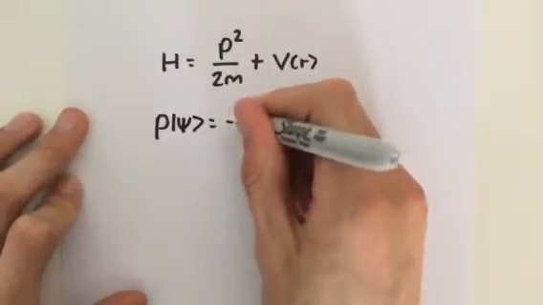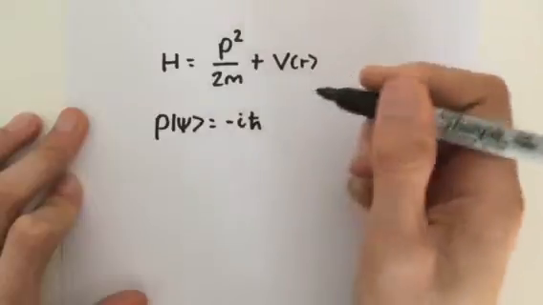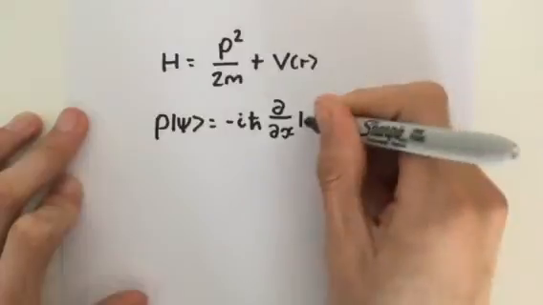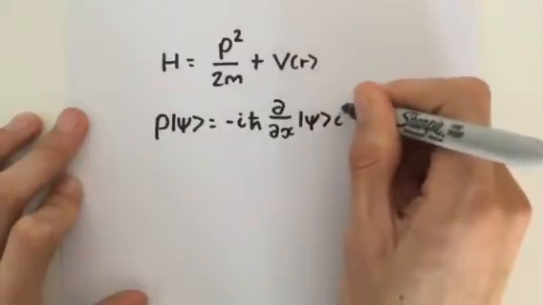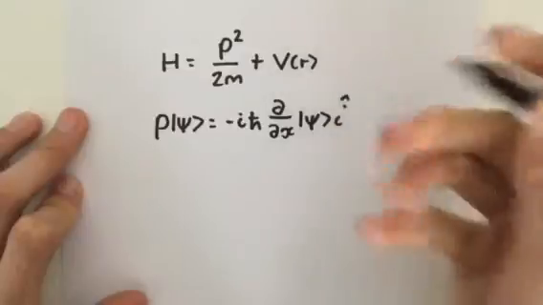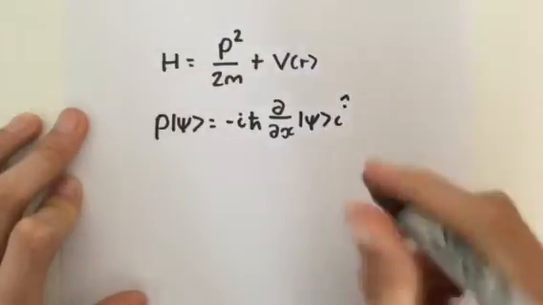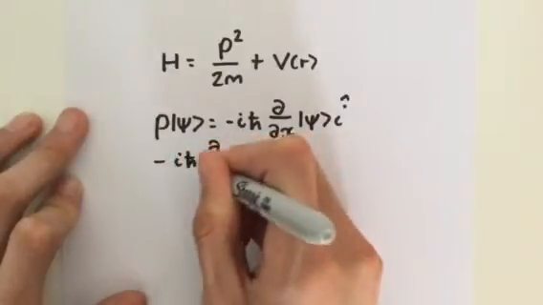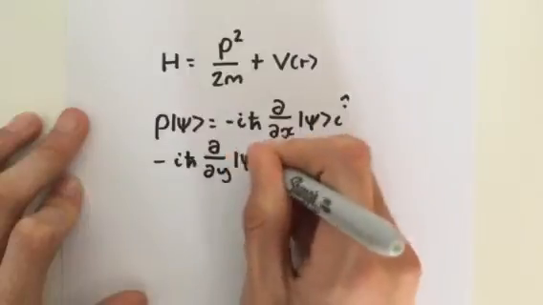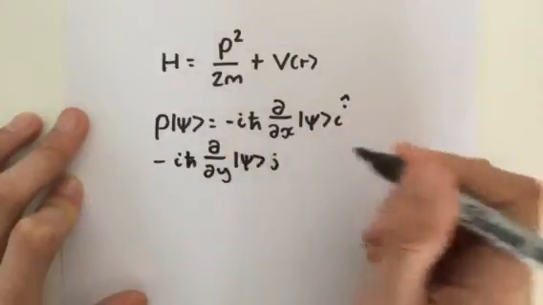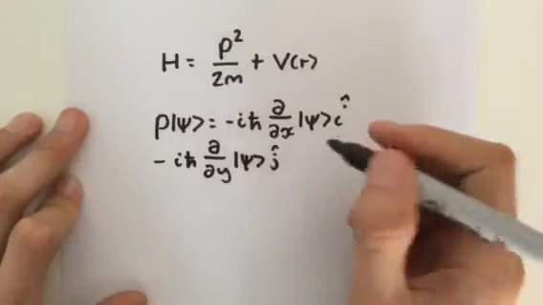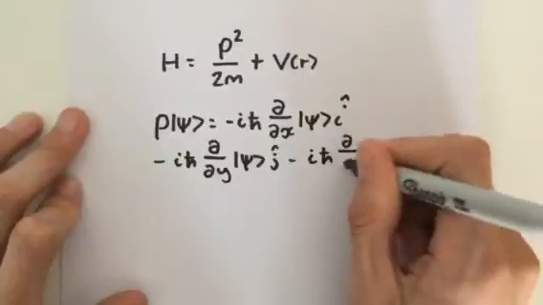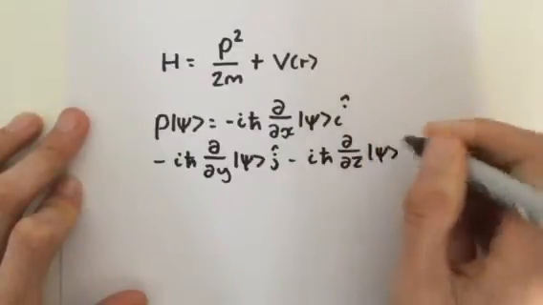It's equal to minus i h bar multiplied by d by dx of psi, multiplied by i, the unit vector, and then we add minus i h bar d by dy of psi multiplied by our unit vector j, and then finally minus i h bar d by dz of psi multiplied by k.